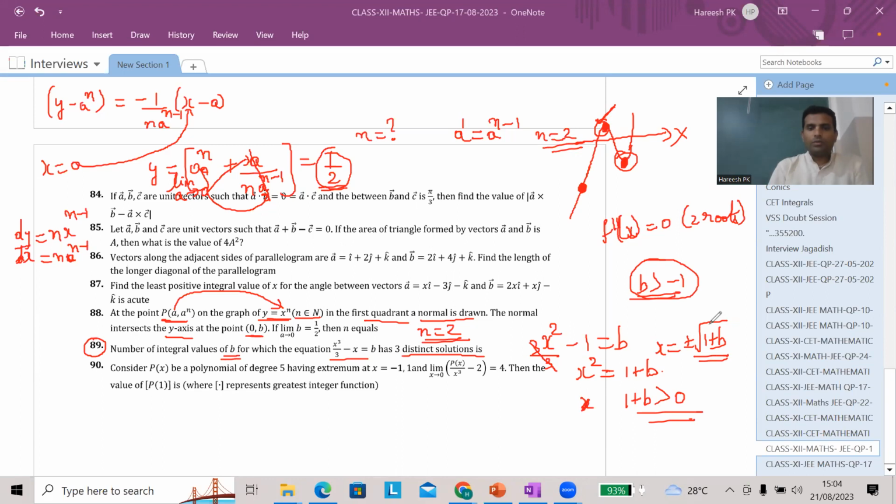Now I will put plus root 1 plus b. Then minus root 1 plus b I will put. And the product of both should be negative, because if one fellow is positive, another should be below the x-axis. So the product, that means first I'll put 1 plus b plus 1 plus root 1 plus b and the thing.